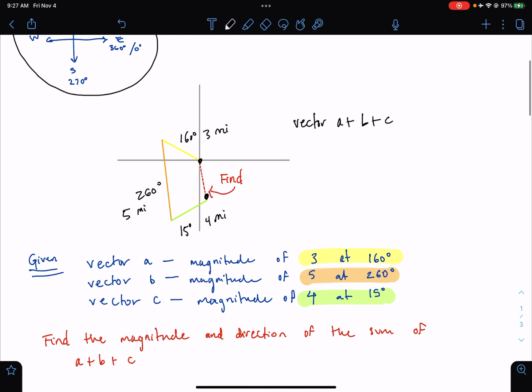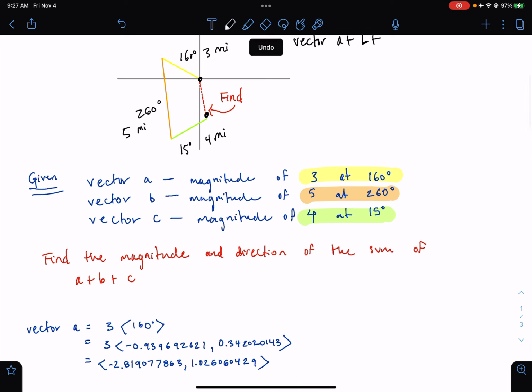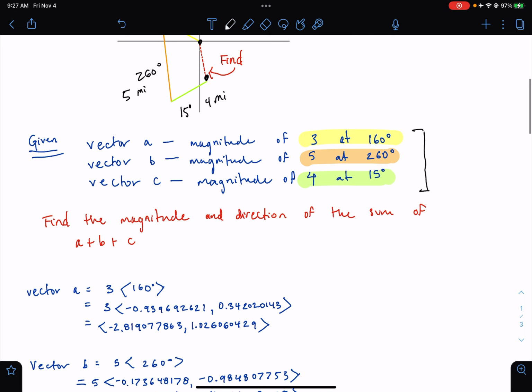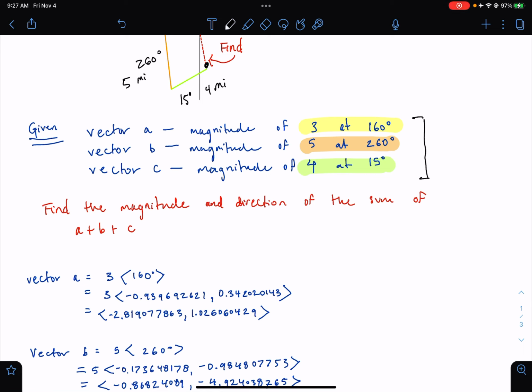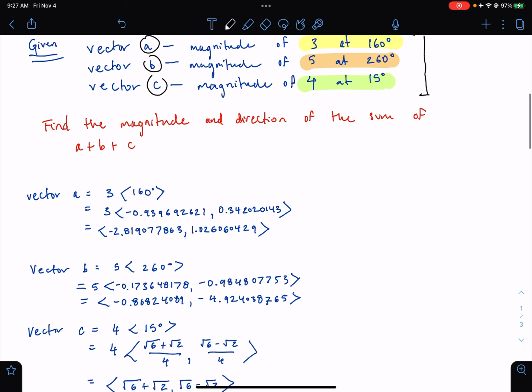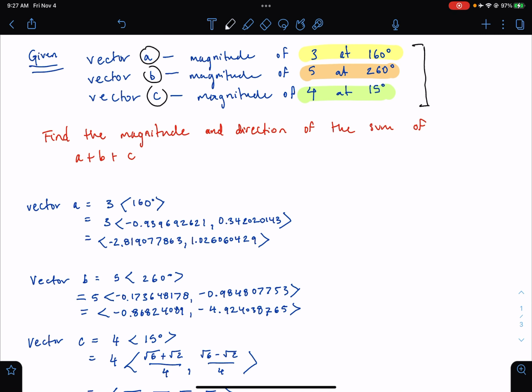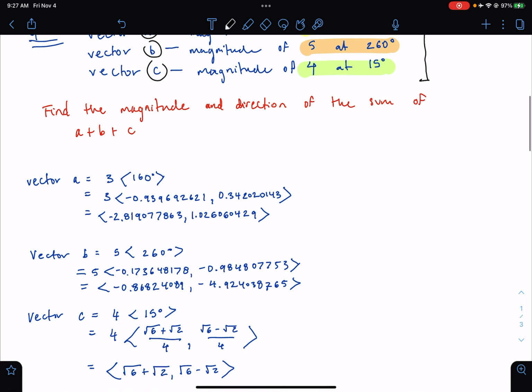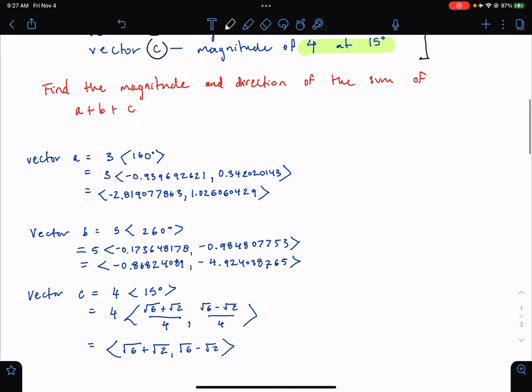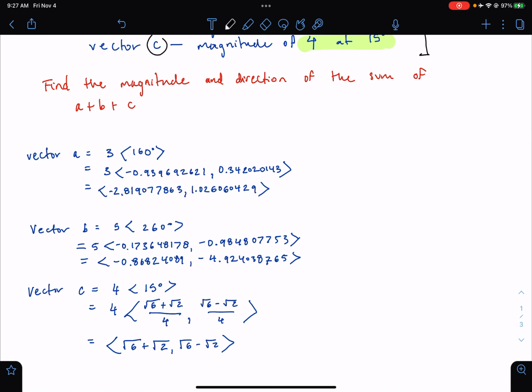So I relayed the same information here. And then I wrote out what the goal is, which is find the magnitude and direction of the sum of A plus B plus C. So we have A, B, and C. The math gets pretty nitty and gritty here, because none of these three vectors have directions that you can find on the unit circle.